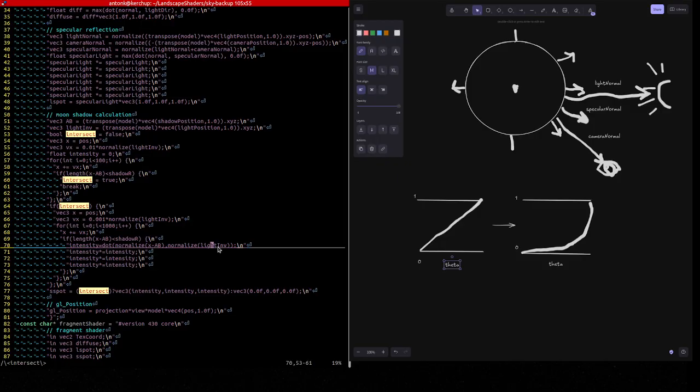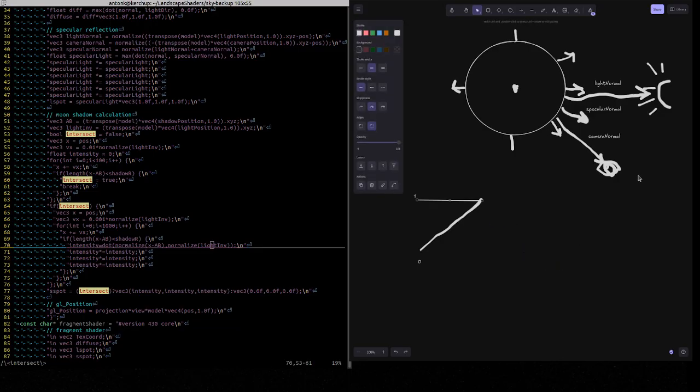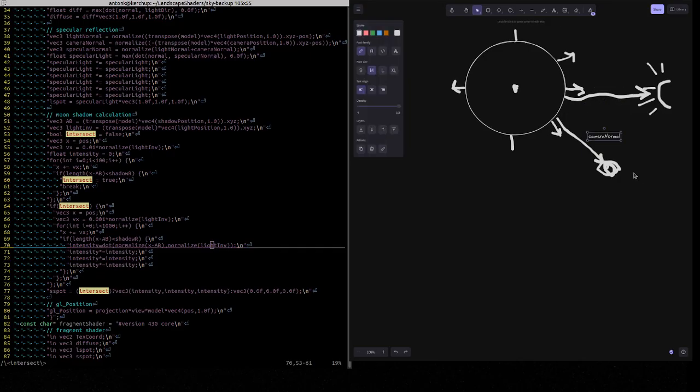So let me actually draw that. Let me go here and delete all this stuff here. Okay, so this is still our light position.